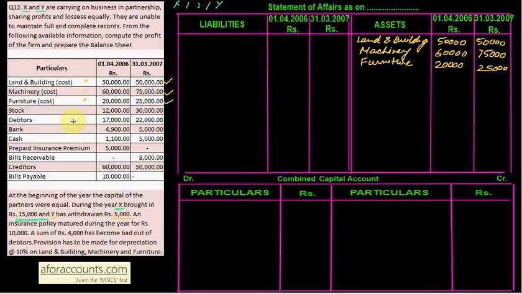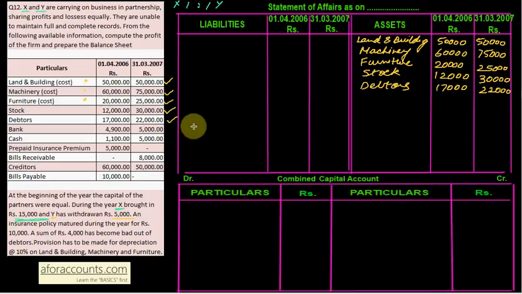Now stock is what? 12,000 and 30,000. Stock, 12,000 and 30,000. Tick mark whatever you have finished. Debtors, again my asset. How much debtors? 17,000 and 22,000. 17,000 and 22,000 is your debtors.